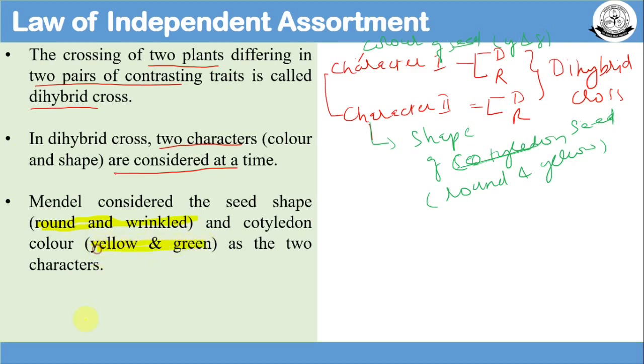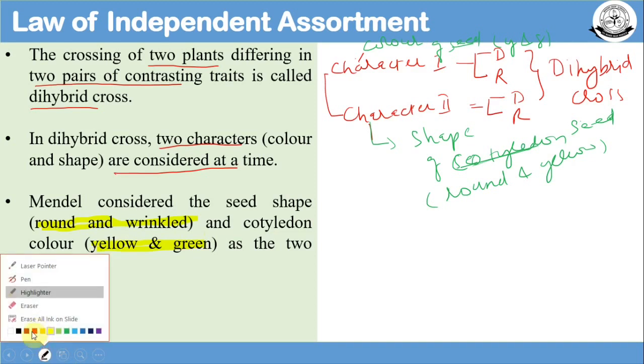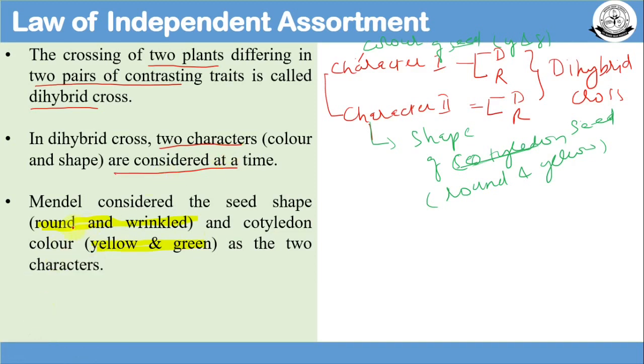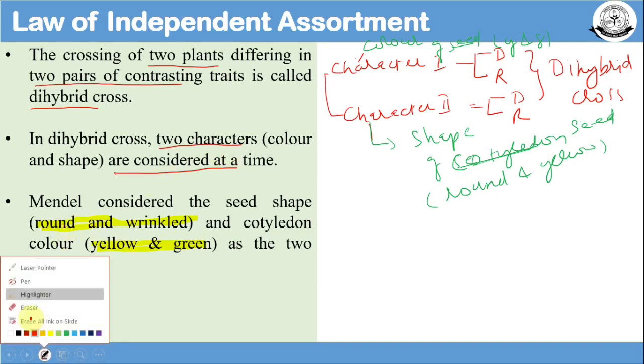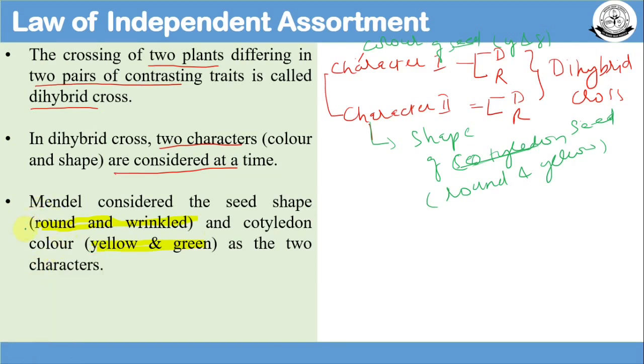Okay, so these two are characters, right? So character 1 and character 2. Let me take this as character 1, and this as character 2.